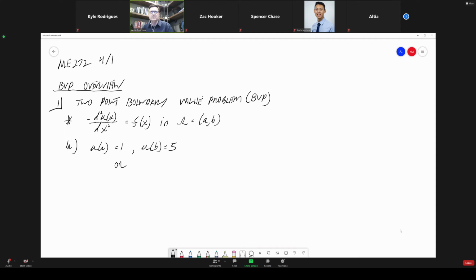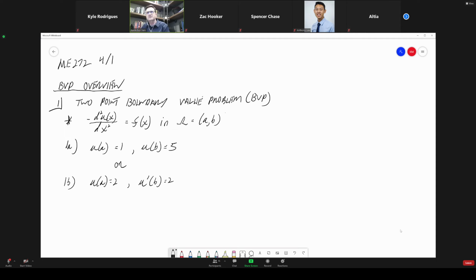Or we could have a different set, which is U of A is equal to 2, and U prime of B is equal to 2.